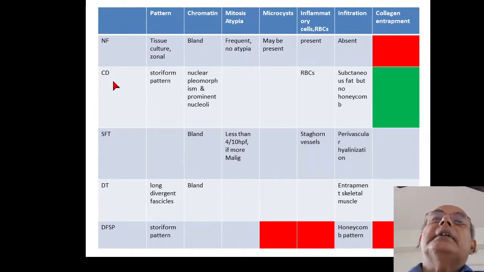In case of cellular dermatofibroma, storiform pattern, focally nuclear pleomorphism and prominent nucleoli. There may be infiltration in the subcutaneous fat around lobules, but there is no honeycomb type of infiltration. Here in this case, we will find collagen entrapment at the periphery.